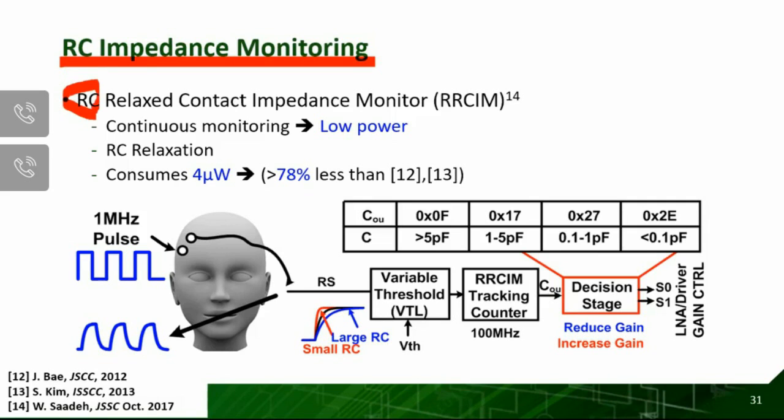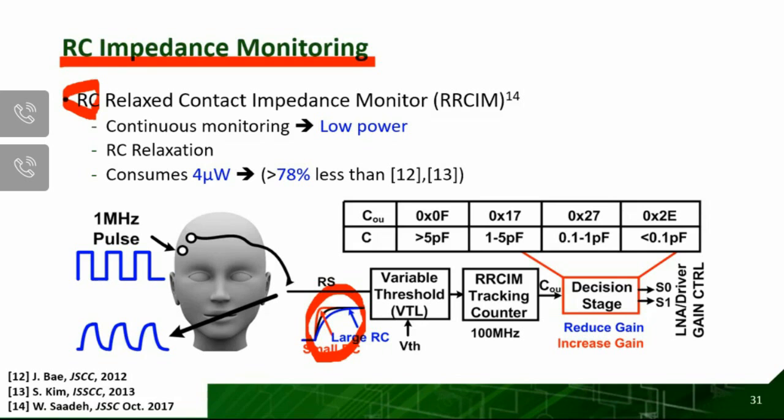Now, if you have the same pulse generated from the TX, the resulting wave that you can capture will have different rise time due to the RC delay, as you can see from this figure. So small RC means that the slew rate will be rising very high, much faster, and large RC means that it will be rising very slowly compared to the small RC case.